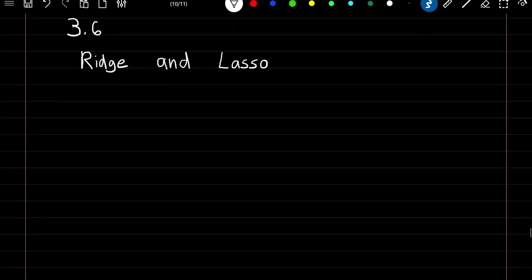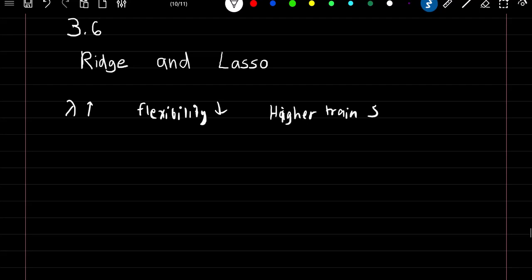In the last section, we learned about ridge and lasso, which are two shrinkage methods. So instead of using subset selection, we could use ridge and lasso. Both of them have a tuning parameter lambda, where as we increase the value of lambda, the flexibility of our model decreases. With the flexibility decreasing, this means we'll have a higher train error, so a higher train sum of squared errors.